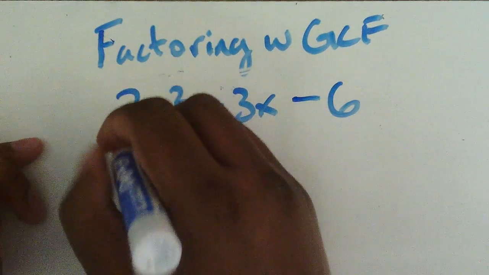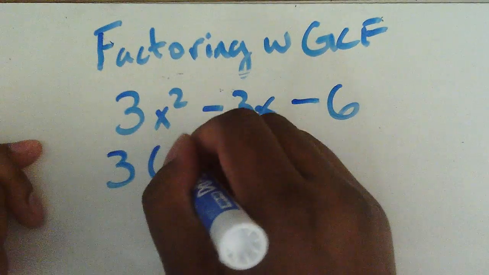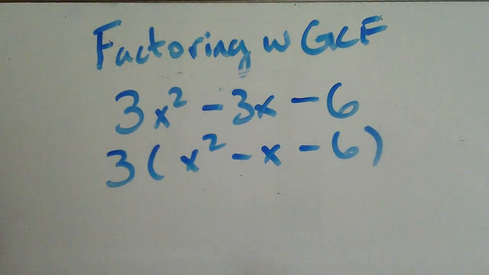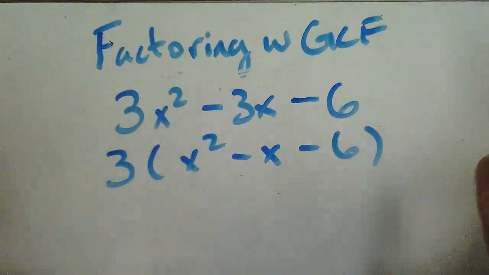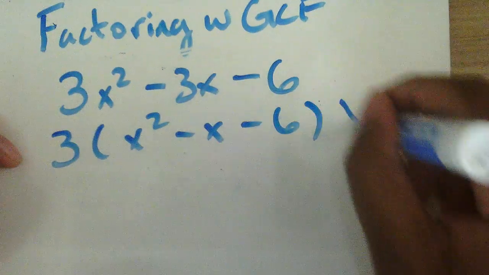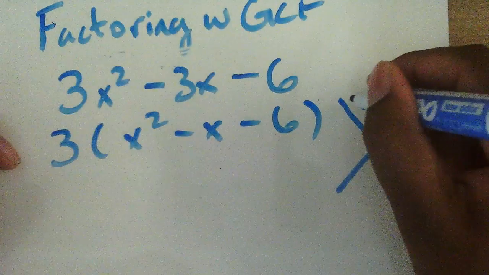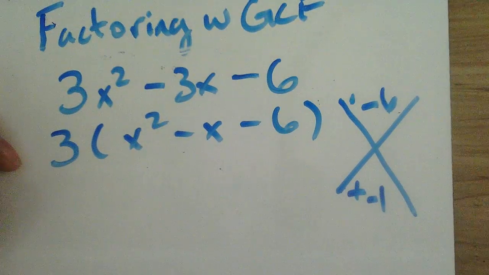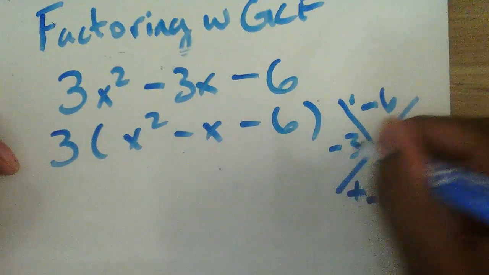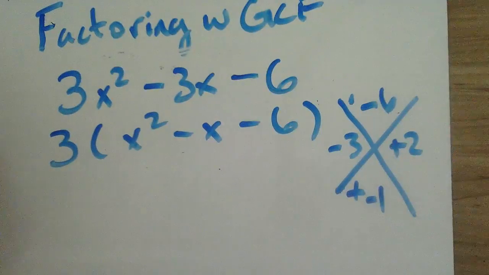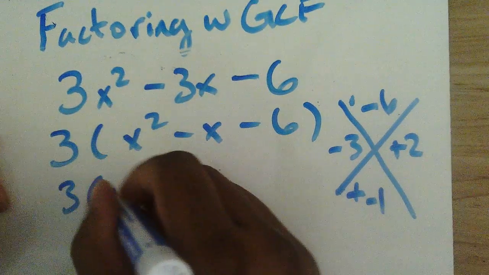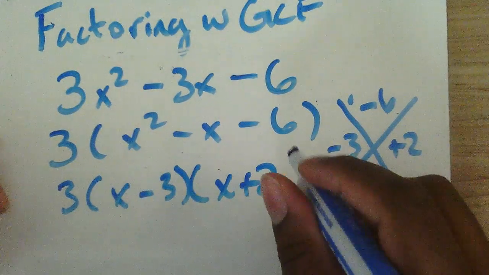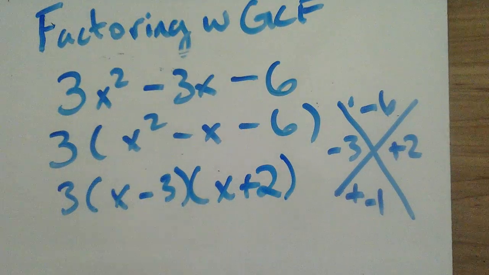So I'm going to go ahead and do that. Now I've got a quadratic that I can factor. I need two numbers that multiply to give me negative 6, but add to give me negative 1. Those two numbers are going to be negative 3 and positive 2. So then I end up with 3 times x minus 3, x plus 2 is my answer.